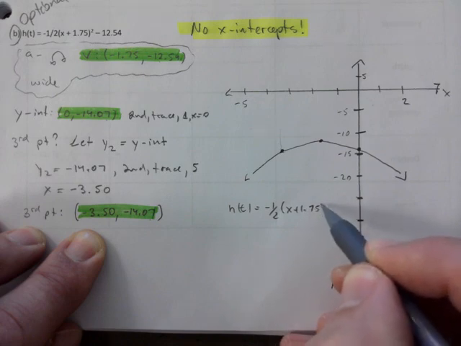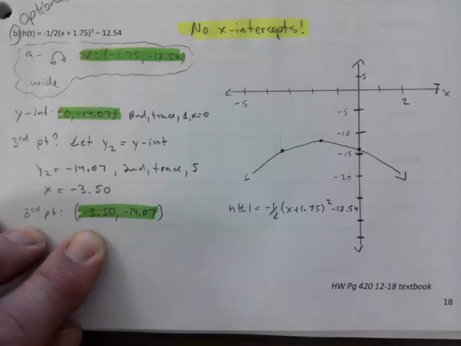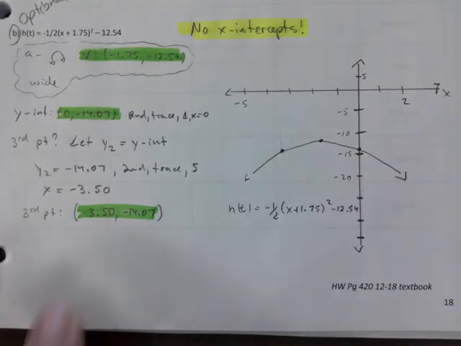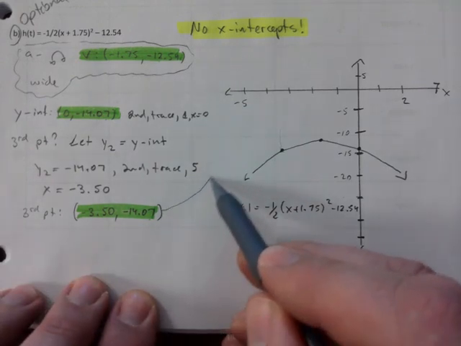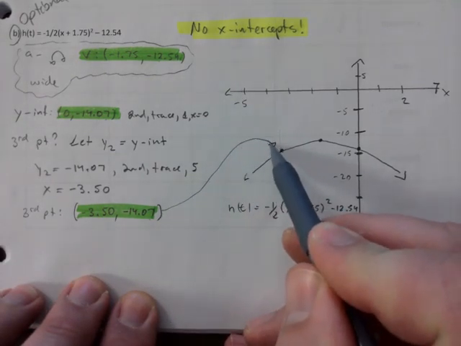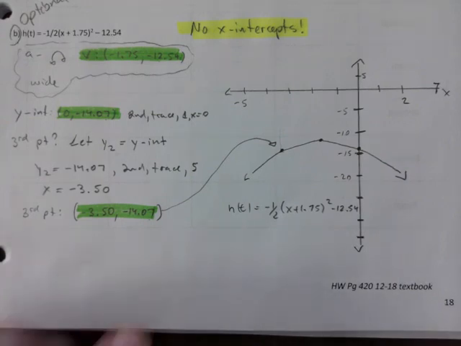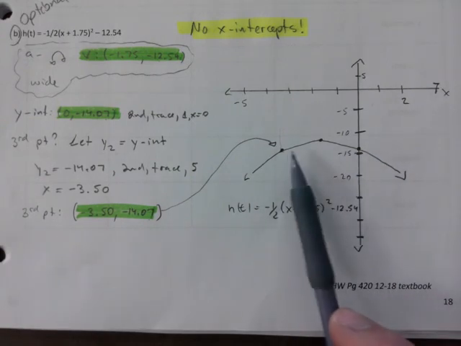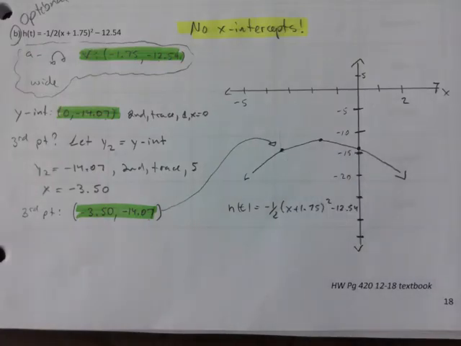And then you just insert your equation. And there you have it. This is my third point right here. So in a sense, guys, these are kind of like replacing the x-intercepts that I used to find.